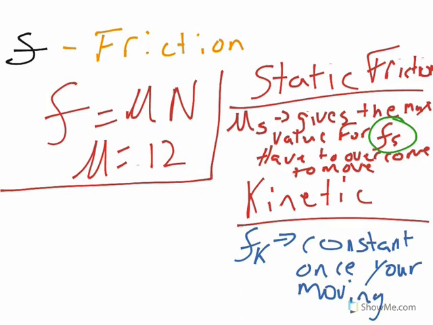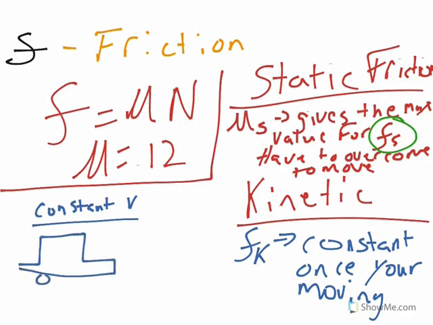So anyway, this is the way static friction works. Now keep in mind, you don't necessarily have to use mu times the normal force to find friction, right? So like a car, if I tell you that a car is driving at a constant speed down the road, and this is going to be a terrible car, I apologize. Okay, so a car is driving at a constant speed down the road, and it has to apply a forward force of 1,000 newtons. What does the friction force have to be?